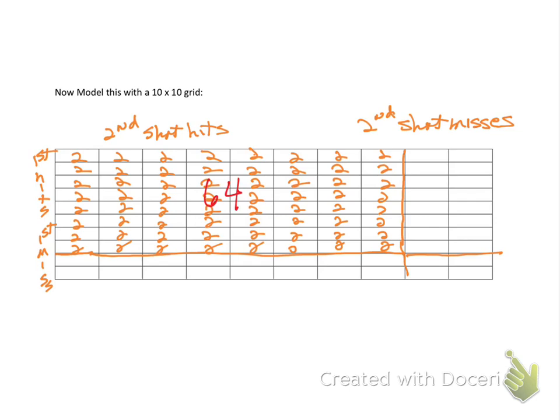Okay, so then you have other options. What if either the first one hits and the second one misses, or the first one misses and the second one hits? Okay, what's going to happen there? So I'm going to change color and fill in all the 1s.